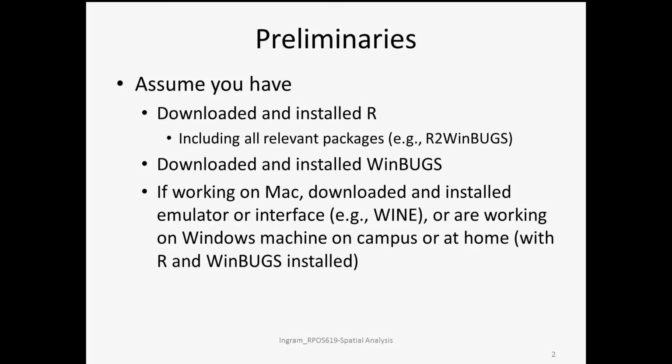One of the best options for that is Wine, which stands for Wine Is Not an Emulator. Again, you can do a quick Google search for that and download it. If you're not using an emulator or this kind of interface, I assume that you're working on a Windows machine on campus or at home with R and WinBUGS installed as noted above.